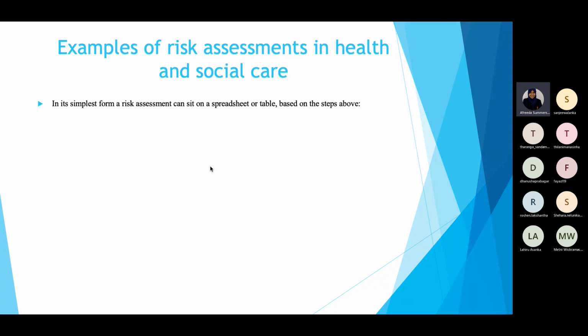Okay, so examples of risk assessment in health and social care. In its simplest form, a risk assessment can sit on a spreadsheet or table based on the steps above, right? The first thing: what is the risk and to whom? For example, rather than fire and COVID, let's say dengue.